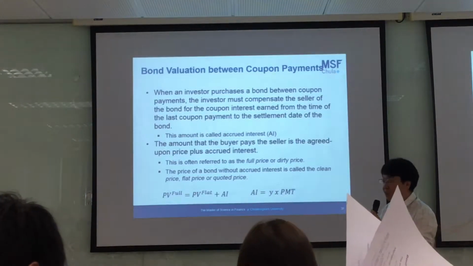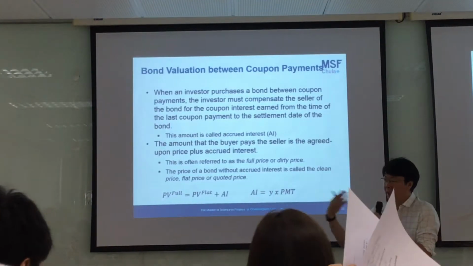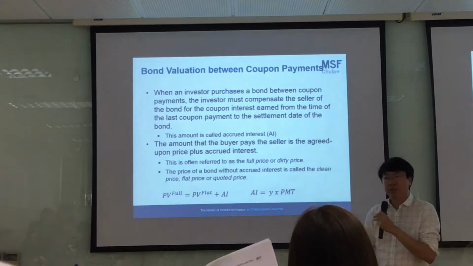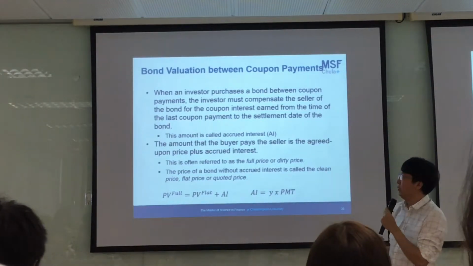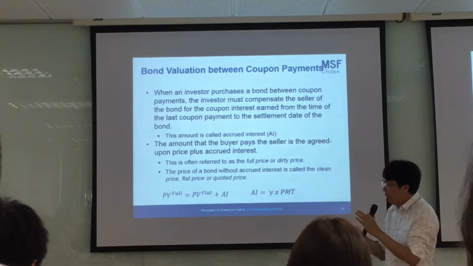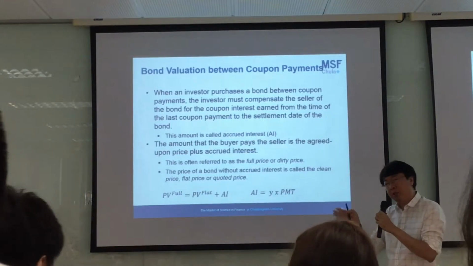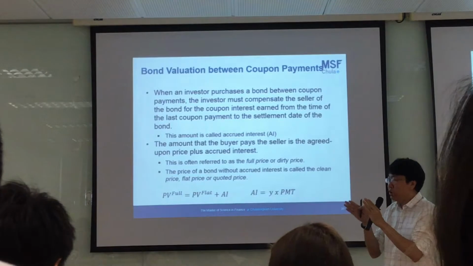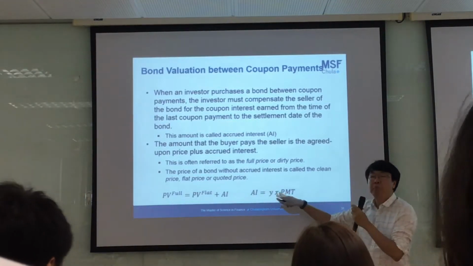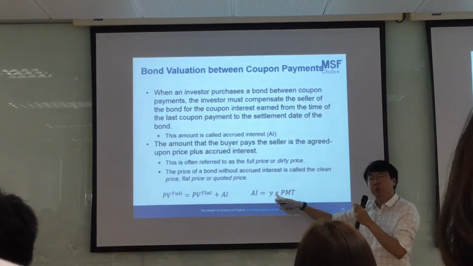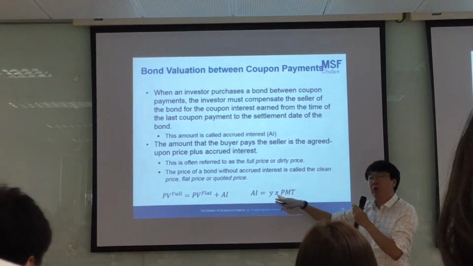On the settlement date, the new buyer pays the money to the seller, and the seller transfers the bond to the new buyer. So for the portion of time since the last coupon payment until the settlement date, the coupon would be paid to the existing bondholder.